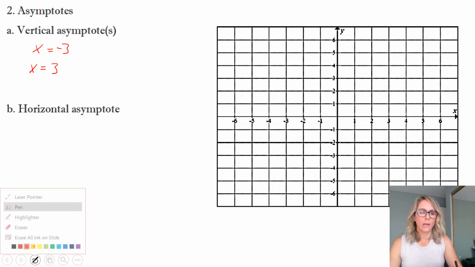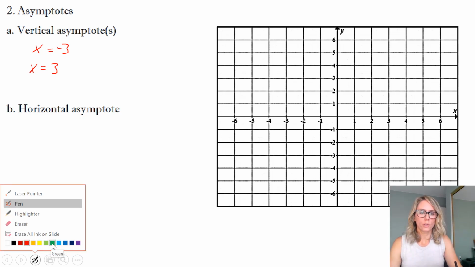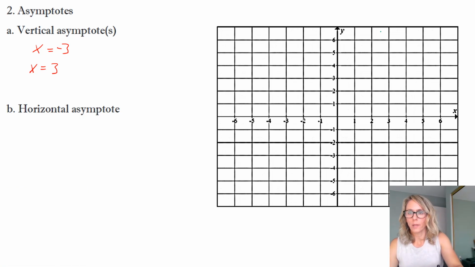So what that looks like, just to remind myself, when I have a vertical asymptote, notice this is x equals 3. It's every value where x is 3. So I'm just going to draw a line like that. I'm also going to do one at negative 3.